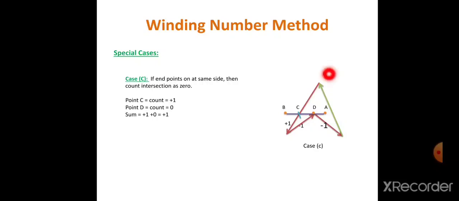So you can see here that point A is inside of that polygon. The result is non-zero, that's why point A is inside of that polygon.